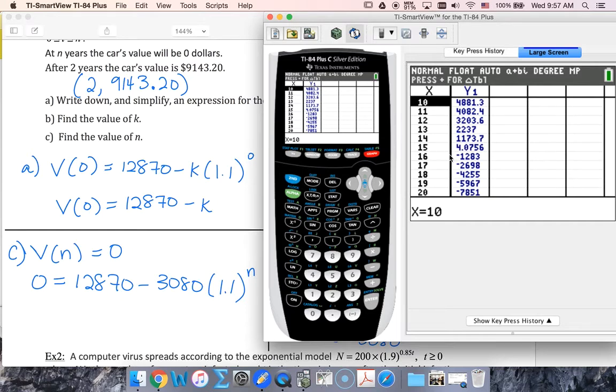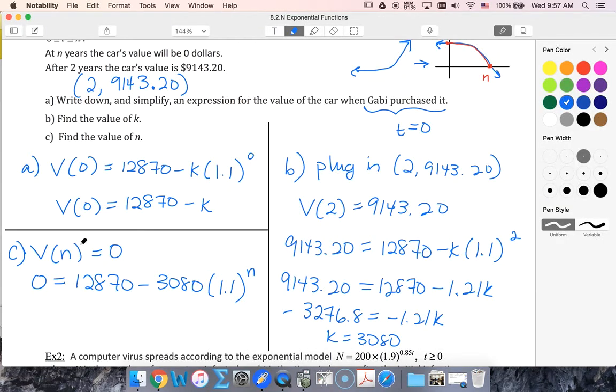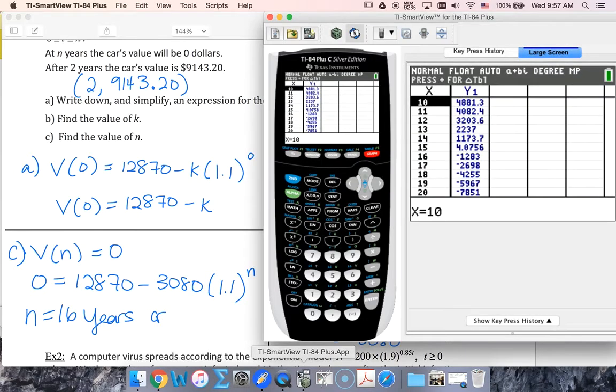At 16 years, it is past 0. So I could go back to my graph and find this exactly. Or I could say, if I want to answer in years, n would have to be 16 because I have gone to 0 then. At 15, I haven't yet gone to 0. So I could say 16 years, or we could use our graph to find it exactly.